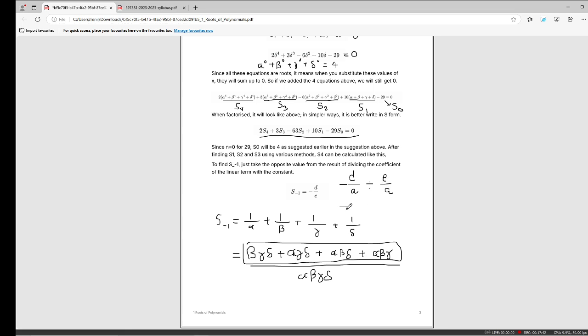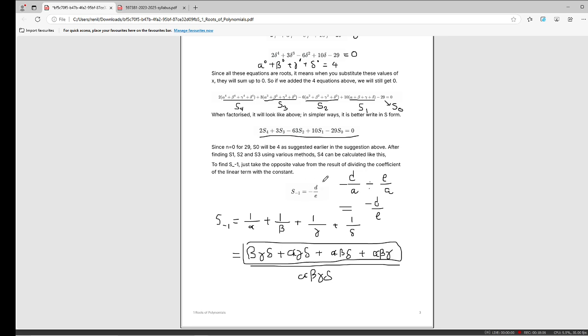When you divide this, you're going to get negative d by e, and that's how you get the equation right here. I've just derived it for you, but you don't need to prove any of this. Instead, you can write this down, which will give you a mark. So I do suggest you do this, but in case you want to verify, you can use this equation right here and plug in the values.